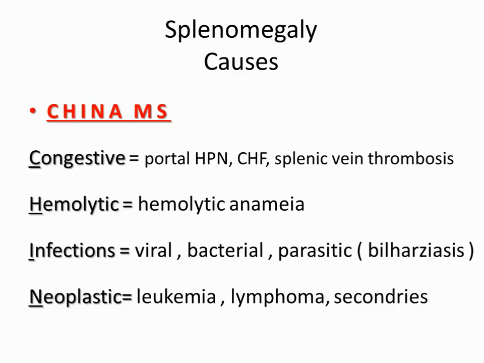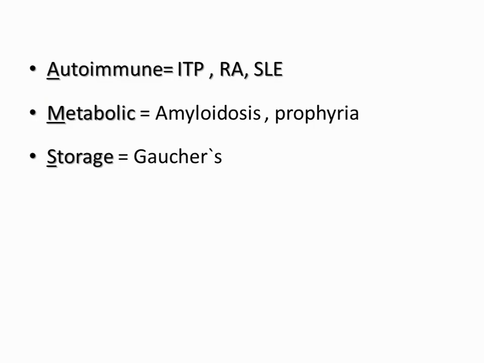A is for autoimmune diseases, like idiopathic thrombocytopenic purpura, ITP, an idiopathic autoimmune disease caused by decreased platelets. In rheumatoid arthritis, we have Felty's and Still's syndromes, rheumatoid arthritis associated with splenomegaly.